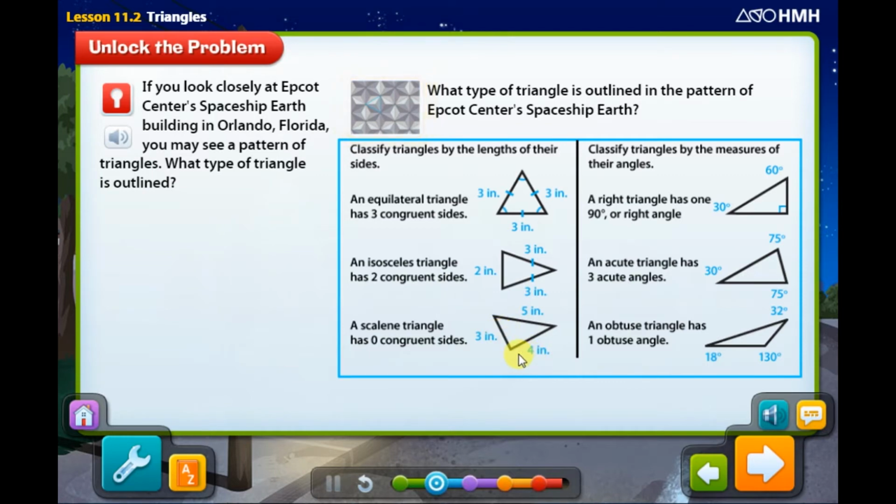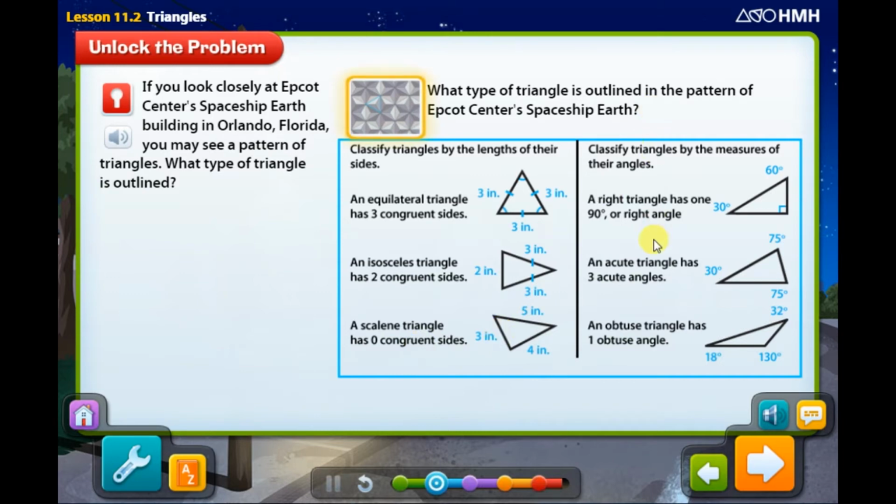If none of the sides are equal, this triangle is called scalene. A scalene triangle has 0 congruent sides. So again, equilateral for all equal sides, isosceles for 2 equal sides, scalene for 0 equal sides.